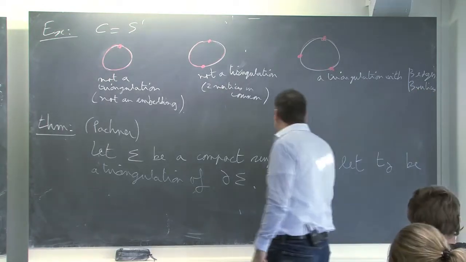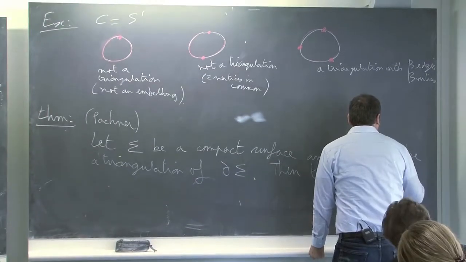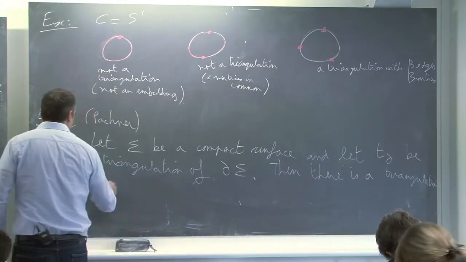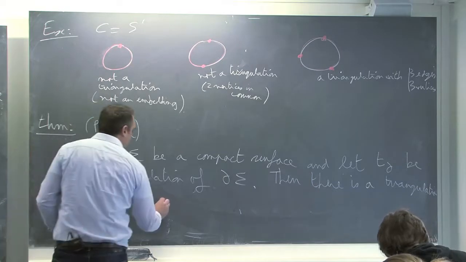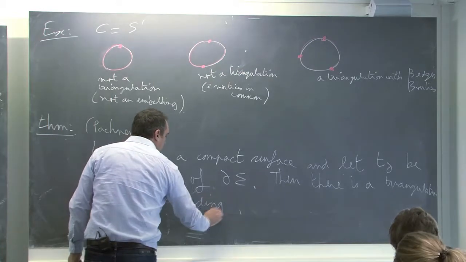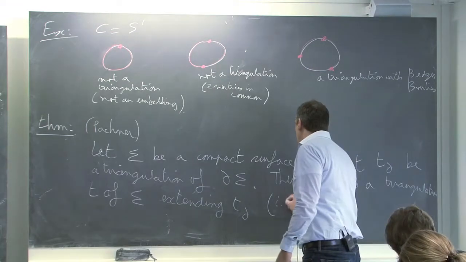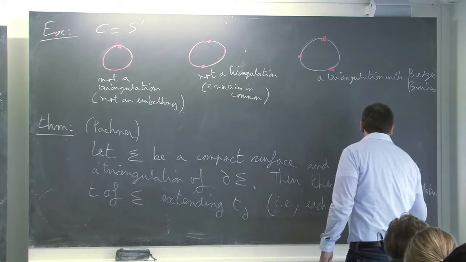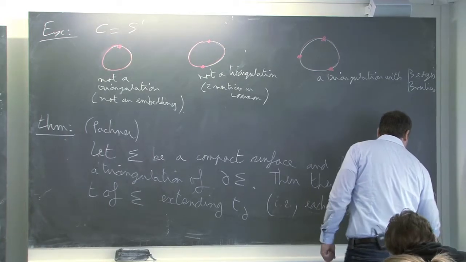So what can we say? Then there is a triangulation, let's call it T, of the surface, such that it extends T delta, meaning that each edge of T delta is an edge of T. This means this.